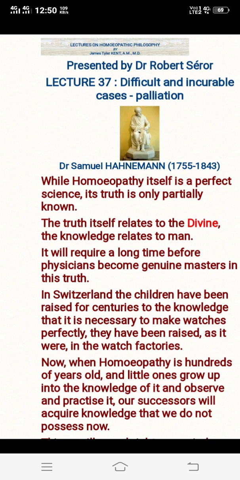Along with this we also covered indispositions, and so I think half of the topics from Kent's philosophy are covered: idiosyncrasy, individualization, characteristics, value of symptoms, second prescription, homeopathic aggravation, Kent's 12 observations, and lastly the difficult and incurable cases.